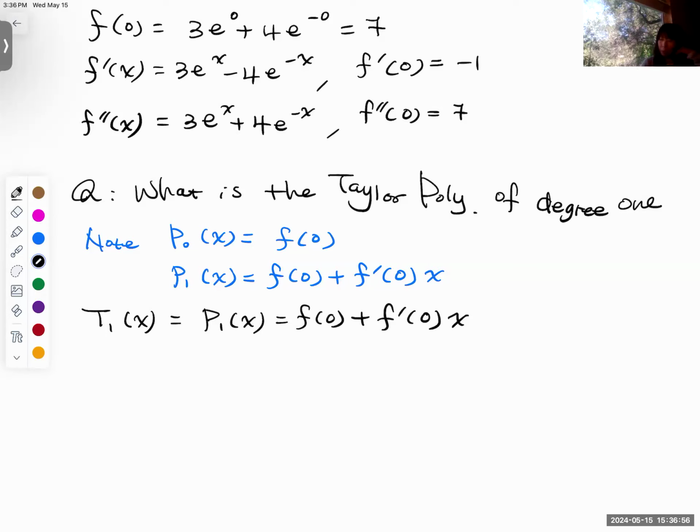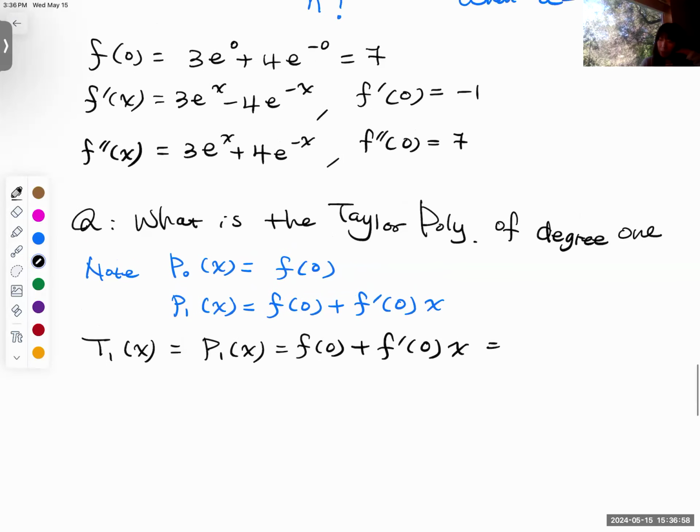So we have f of 0, which is 7, f prime of 0, which is negative 1, so basically this is 7 minus x, okay?